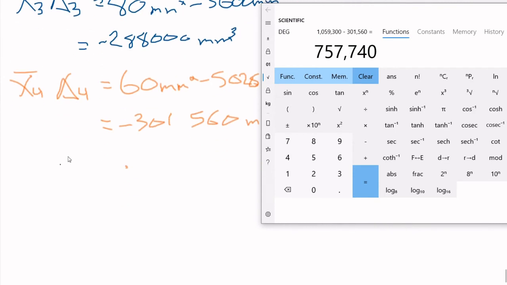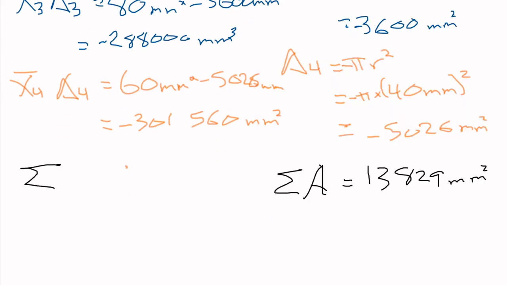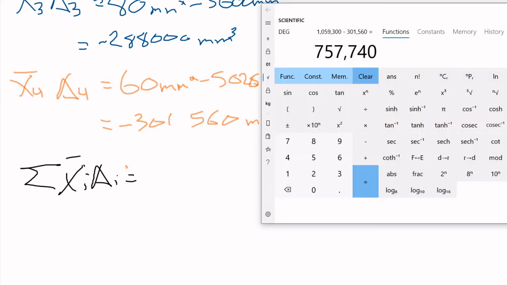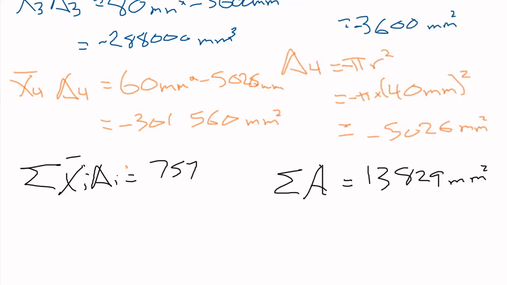That gives us the sum of our x bar i A i equal to 757,740 millimeters to the third.